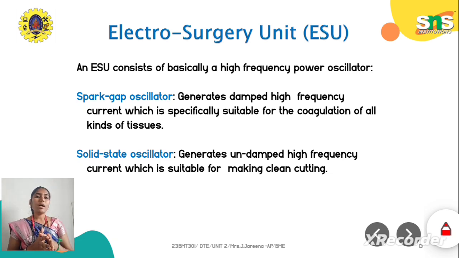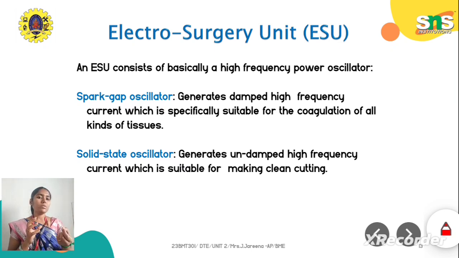The solid state oscillator is where you can use undamped high frequency. We are not damping any frequency, so there won't be any loss of amplitude. It will maintain the same constant amplitude and frequency of the signal. That is undamped high frequency. Because of this, we use this undamped high frequency current for making a precise cut.